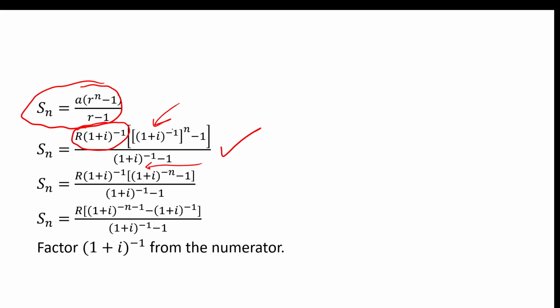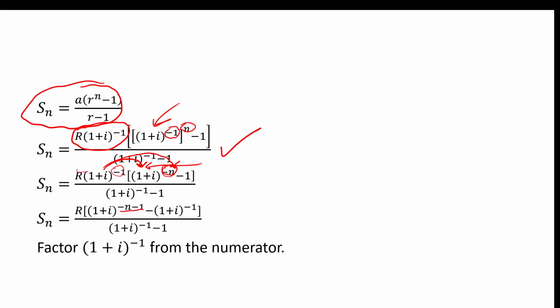Now we're going to multiply this negative 1 and this n, so we're going to have negative n here. We can then, if we want, distribute into the bracket of the numerator 1 plus I to the negative 1. Doing that, negative 1 adding to negative n gives us negative n minus 1.